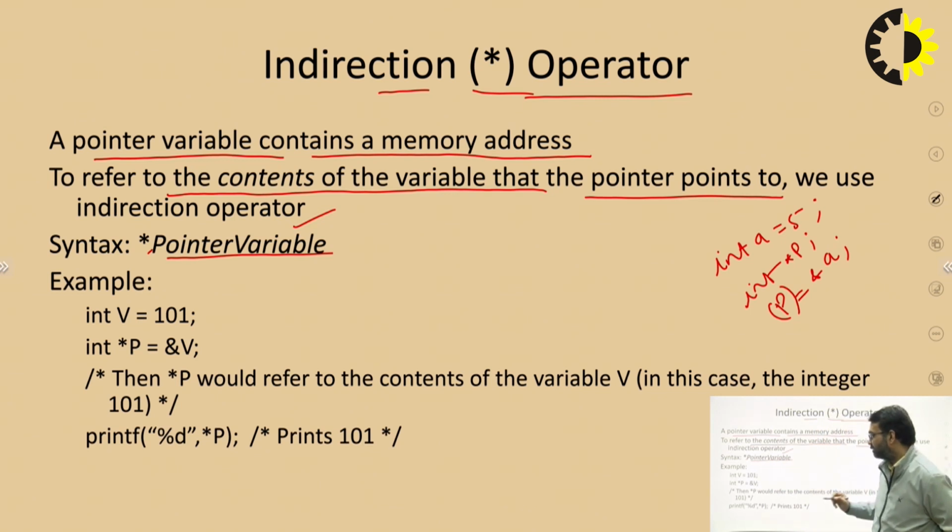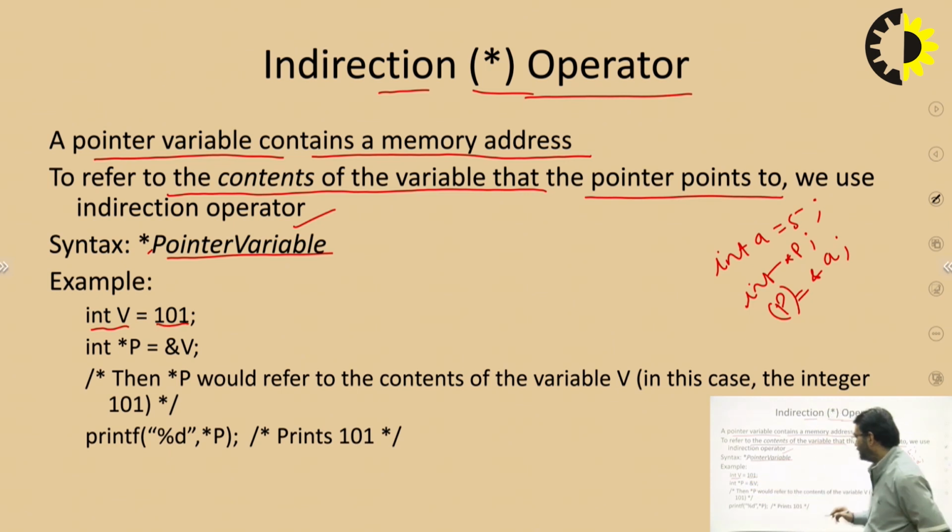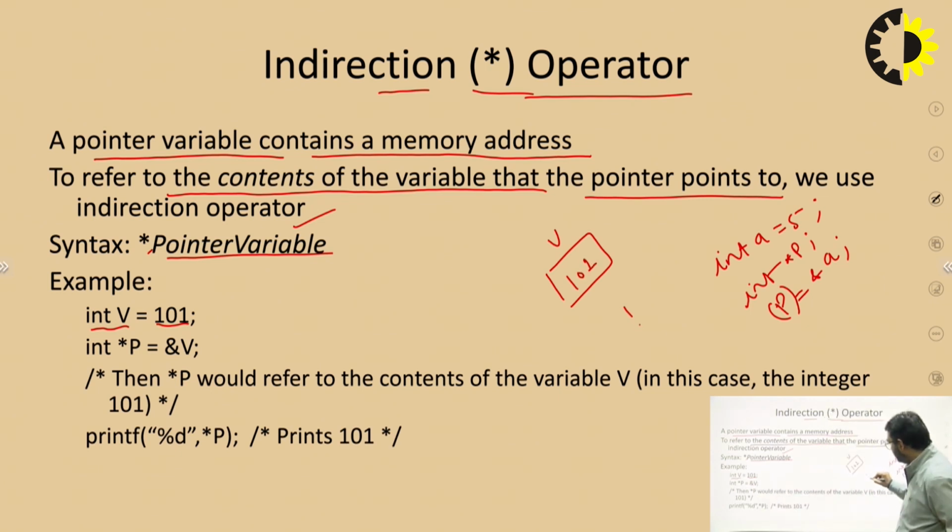For example, suppose we are declaring a variable v = 101. It means a memory location, that is v, contains the value 101. Again, we are creating a pointer variable. The memory reference to that variable will be p, and it contains the address of variable v.